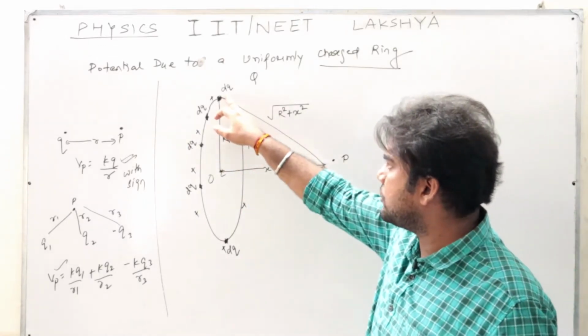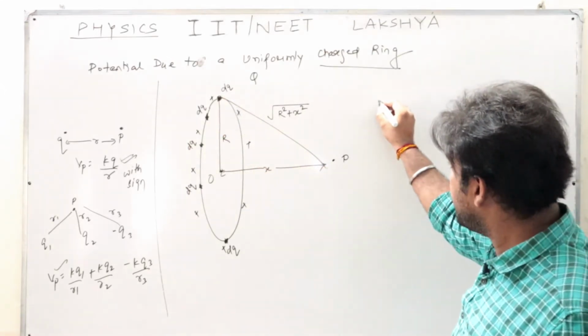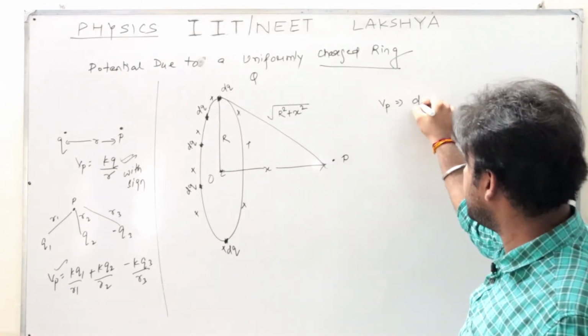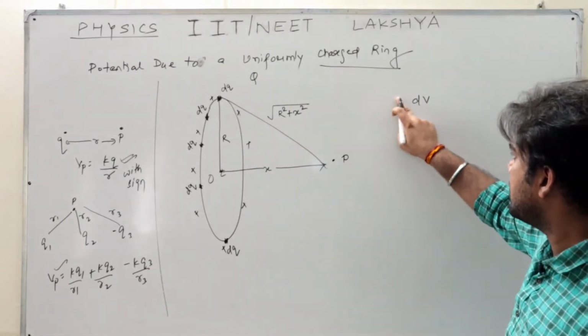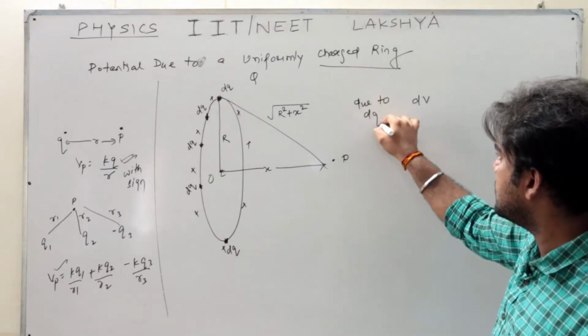So due to this charge dq, I can write the potential at point p. Let me say it is dV, the potential at point p due to the small charge dq.